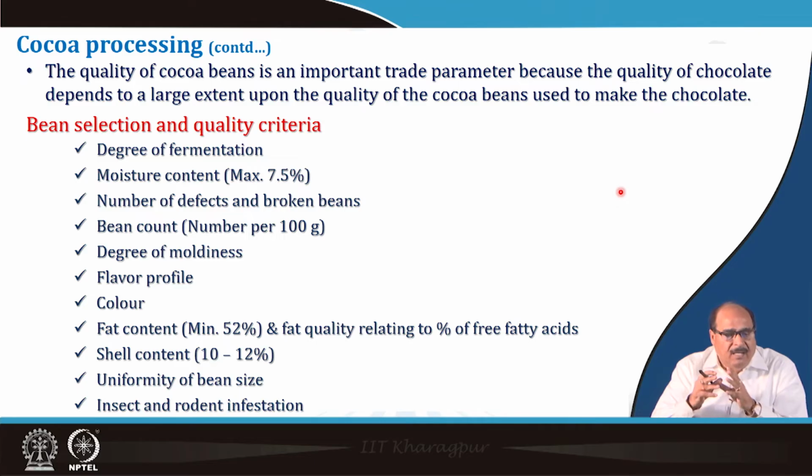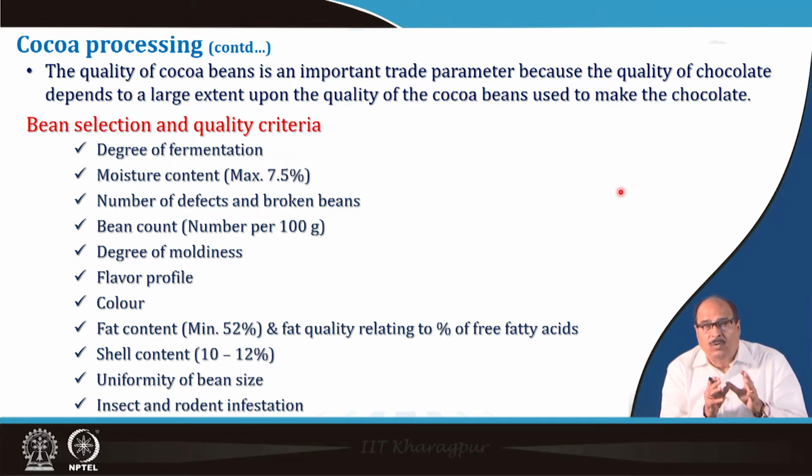Then the quality of cocoa beans is an important trade parameter because the quality of chocolate depends to a large extent upon the quality of the cocoa beans used to make the chocolate.